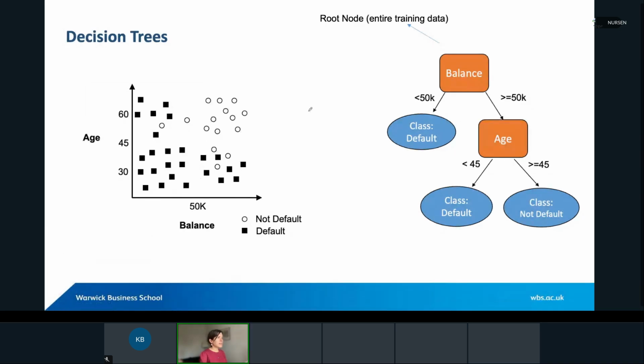In decision trees, our root node is the entire data, and then by using the features from our data set, we split it. The overall idea is to decrease the entropy as we split more as we go forward. And at the leaf nodes, we make a prediction, and this prediction is one of the outcomes, either default or not default, based on the majority.